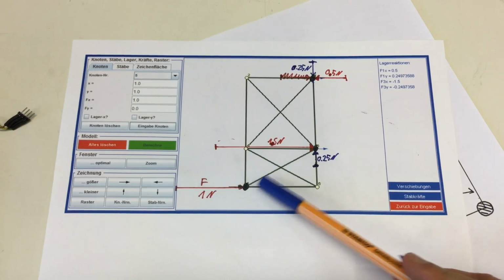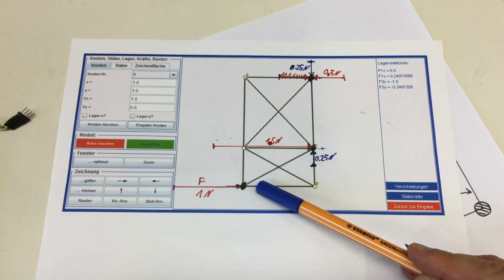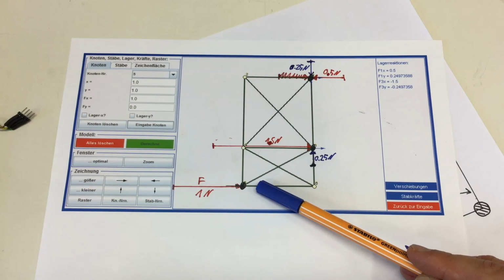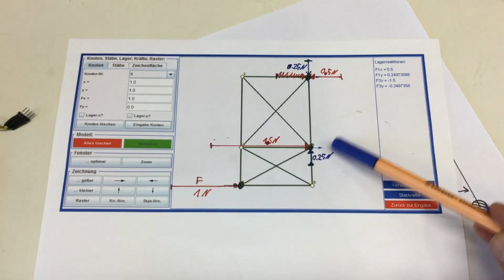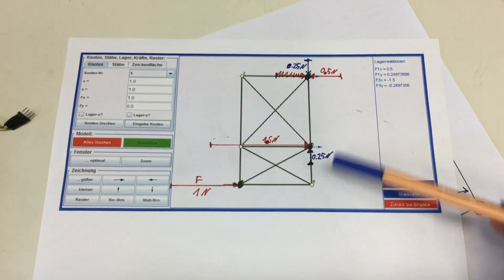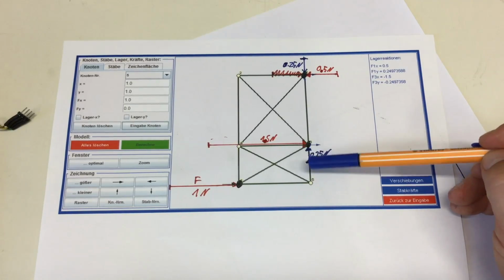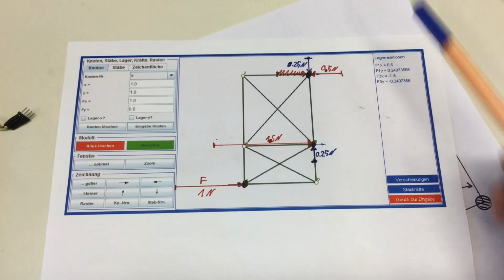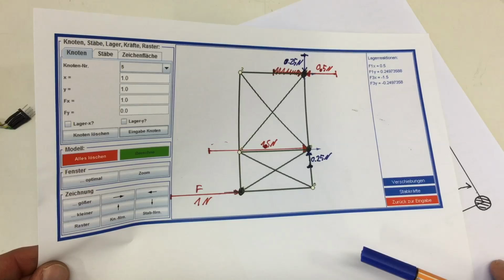Yeah, I mean, we have a force here, so we would expect to have some other forces on the same axis, on our y-axis. But why the hell? Where is that coming from? Well, we'll see.